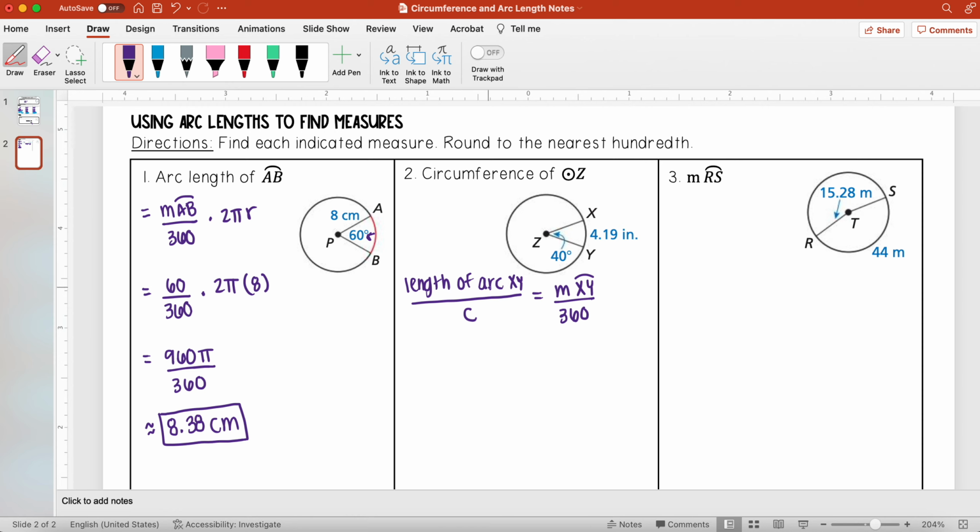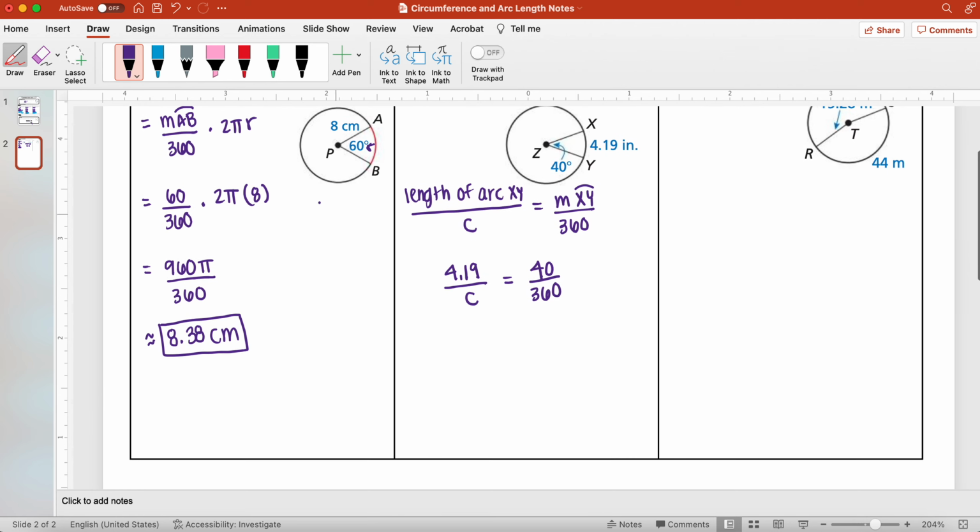Looking at my diagram, I know the length of arc XY is 4.19, so I have 4.19 over the circumference is equal to the measure of XY, which I see is 40, over 360. From here, I'm going to cross multiply.